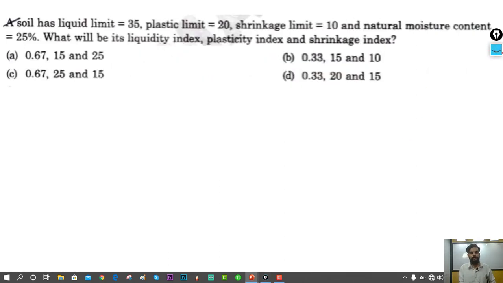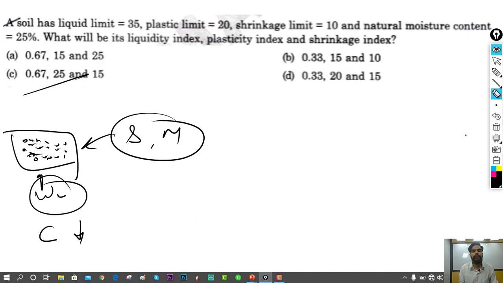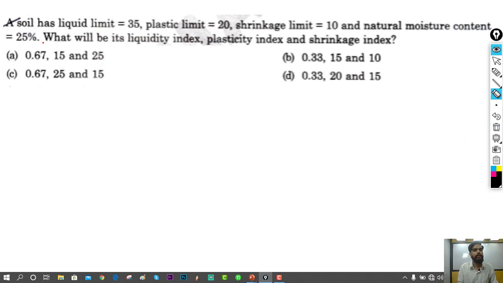What is the question? Here we have given some values: a soil has a liquid limit of 35, plasticity limit is 20, shrinkage limit is 10, and natural moisture content is 25. What will be the liquidity index, plasticity index and shrinkage index?